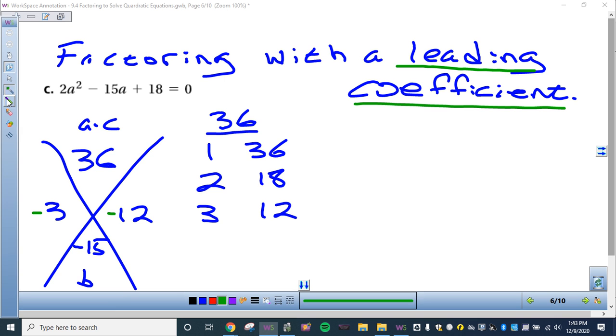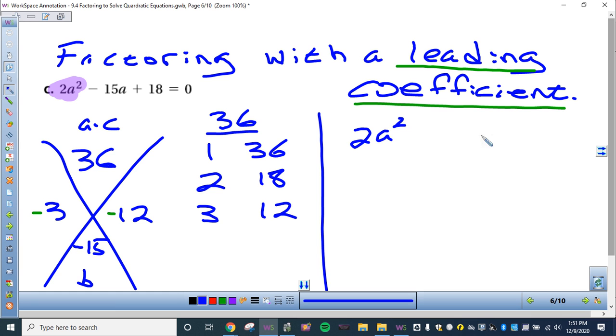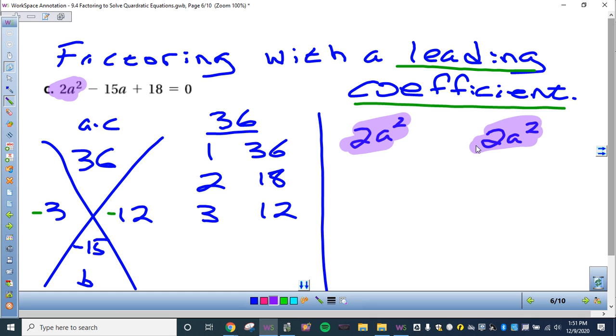Okay, then we take the a term, the 2a squared, and that becomes the numerator of two fractions. And as I've said all semester long, this is where organized use of color really helps, because then you know where the 2a squared came from. Right?